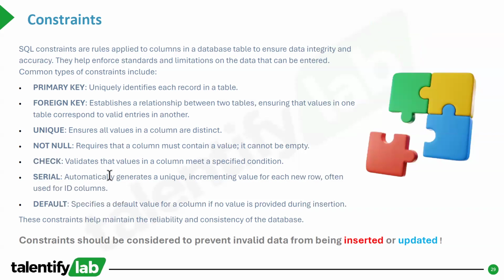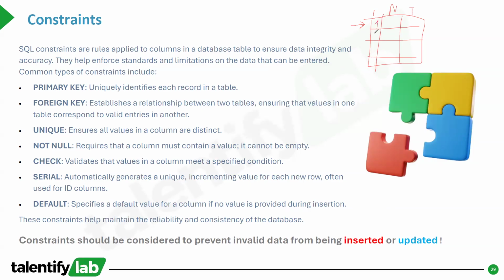Serial means you will not assign anything for serial. Mostly it is used for ID. When I add a new record, I will just add name and telephone, for example, but the ID will be added automatically. It generates a unique incrementing value.